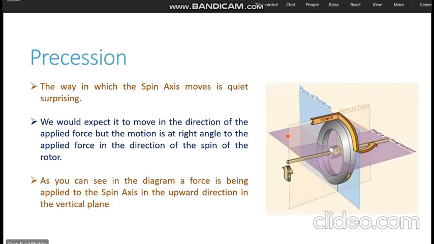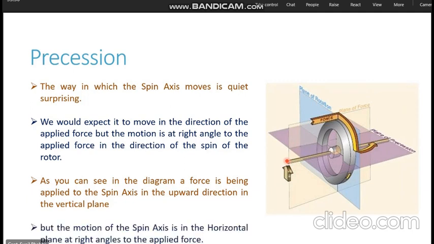But the motion of the spin axis will not be in this direction. It will be moving in a surprising way. The motion of the spin axis will not be in the vertical plane. The motion of the spin axis will be in the horizontal plane.